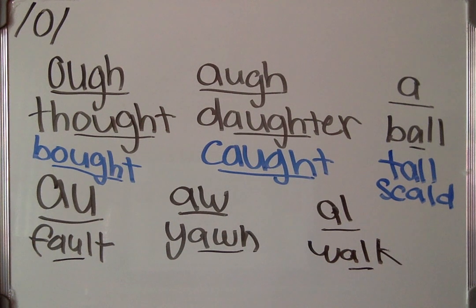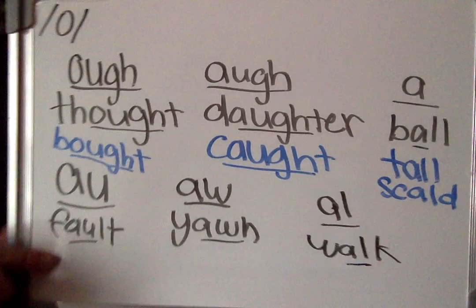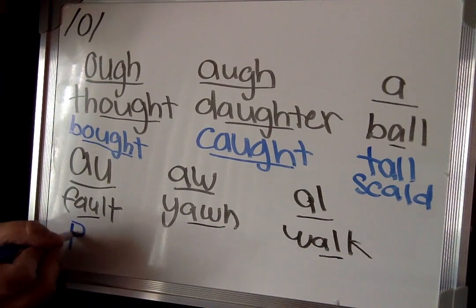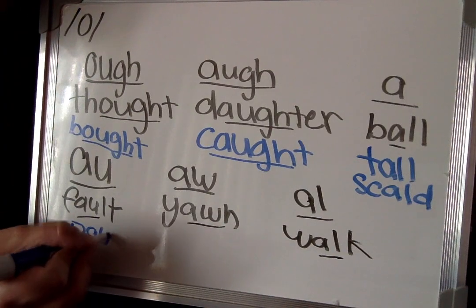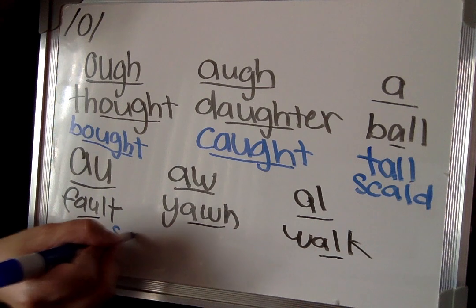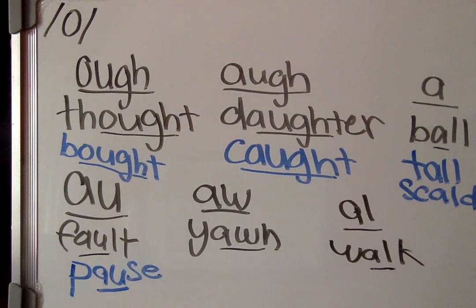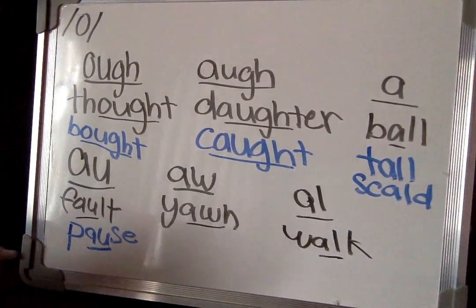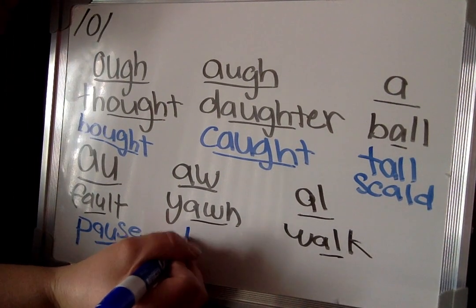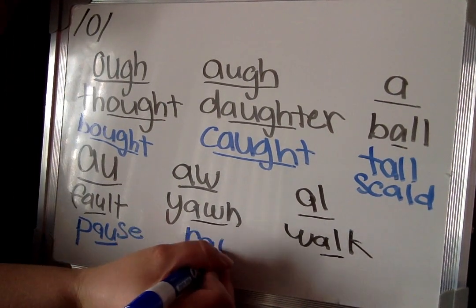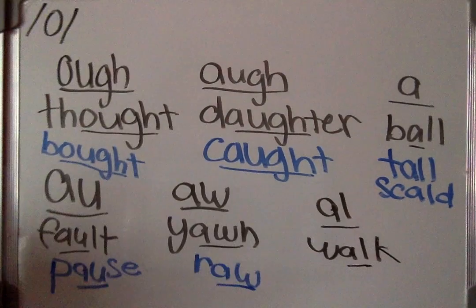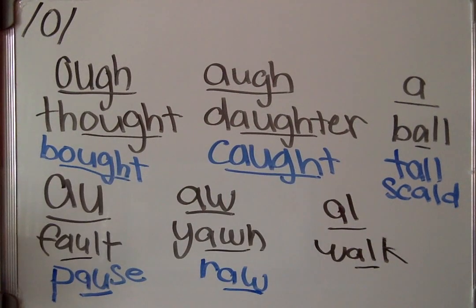Okay, so for that A-U down here, another example would be pause. For A-W, another example would be raw or uncooked.